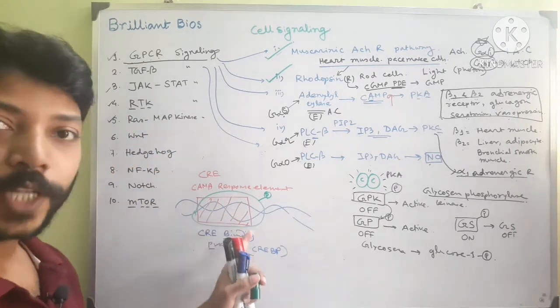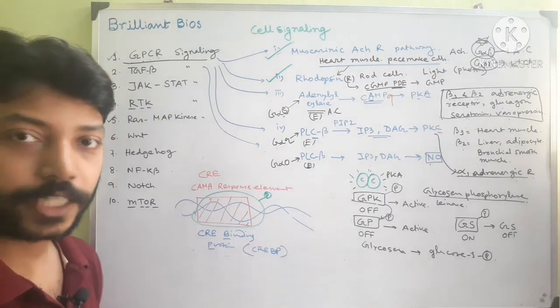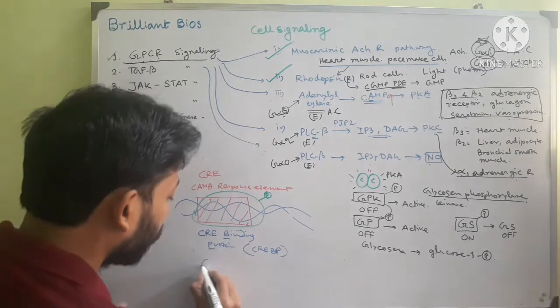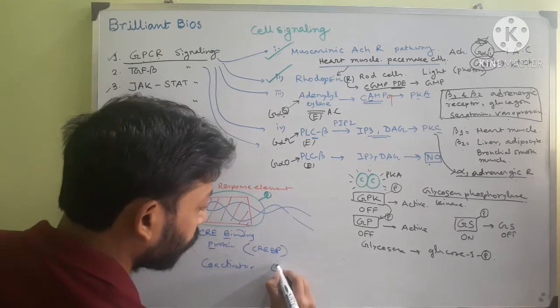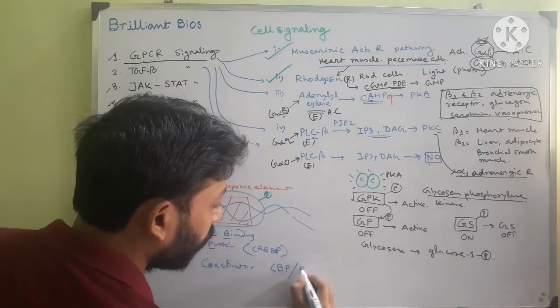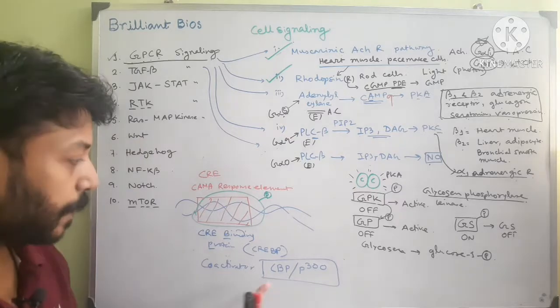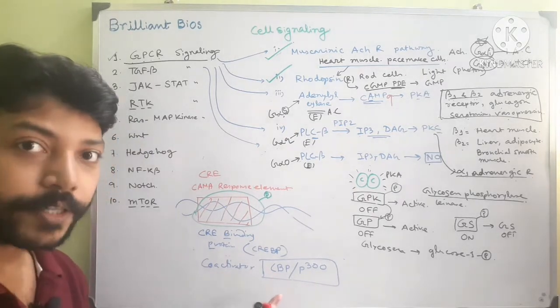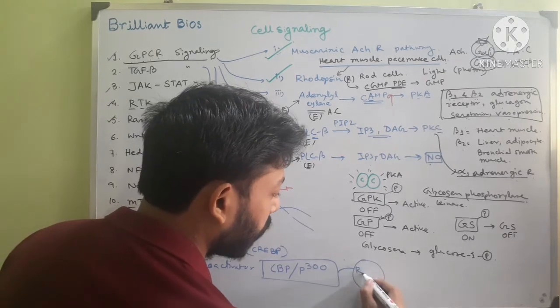When it gets phosphorylated, the CREB protein associates with another protein called coactivator. Its name is CBP/P300. This is a very important coactivator. This coactivator connects with another protein called RNA pol II.